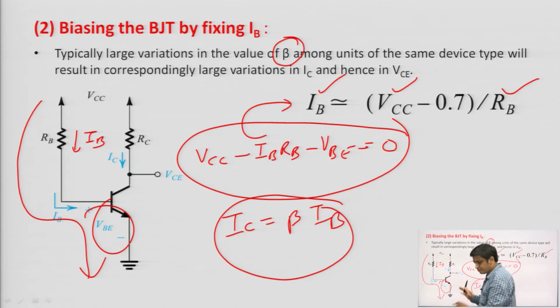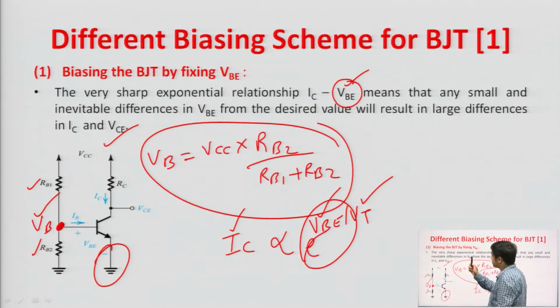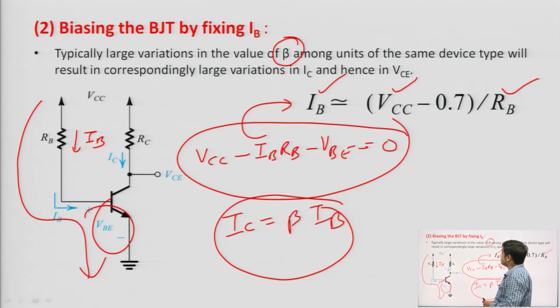So, the first two techniques which I have discussed, the first one is biasing the BJT by fixing VB, and the second one is biasing the BJT by fixing IB. Both have issues. The issue is if the temperature varies, if the beta varies, then your operating point is shifting from the middle of the active region, and both are undesirable. So, these techniques are normally not used.